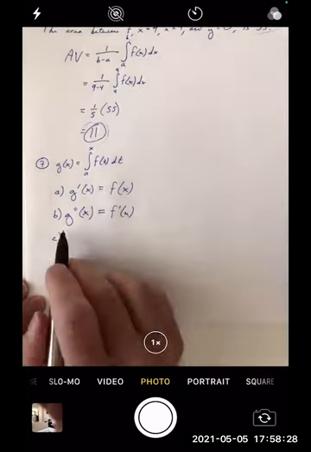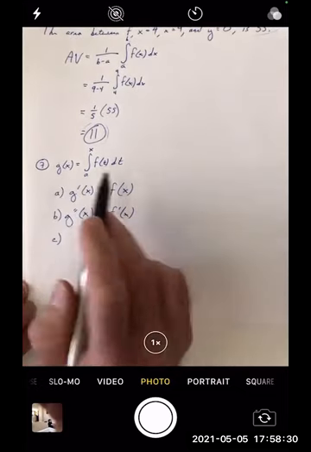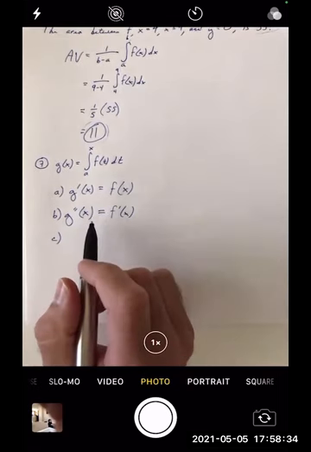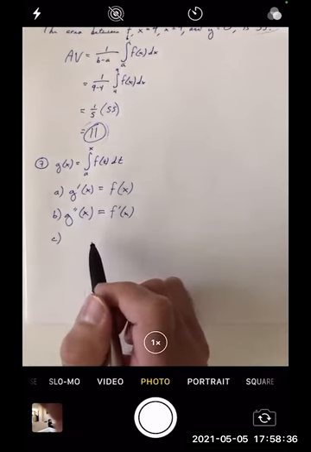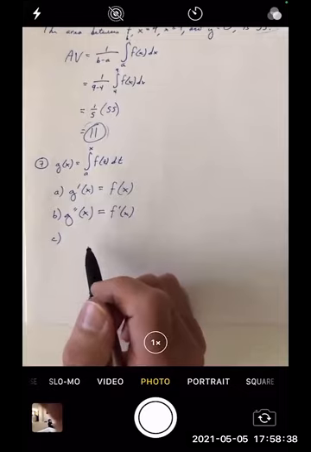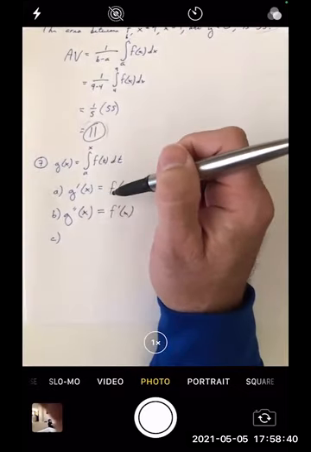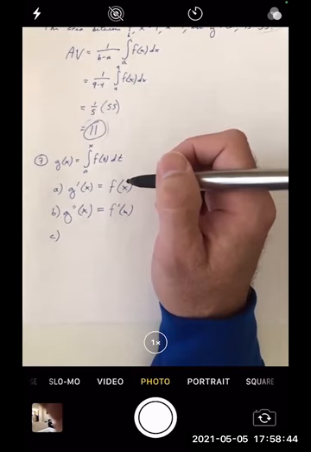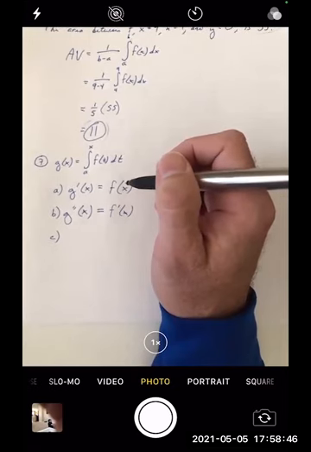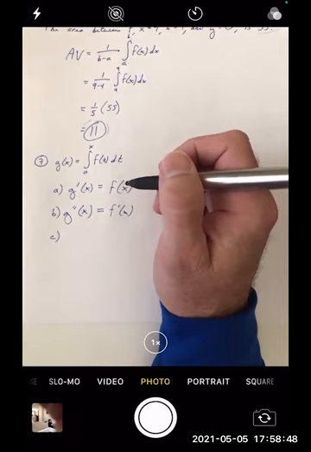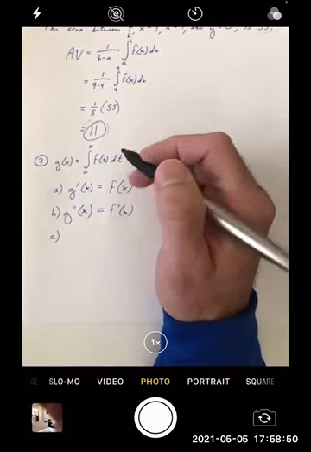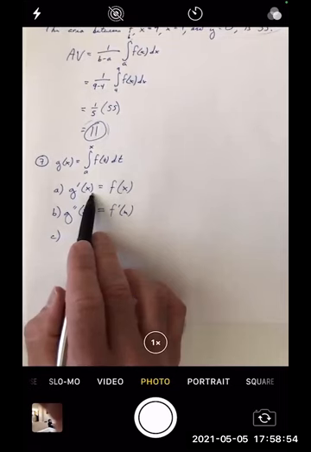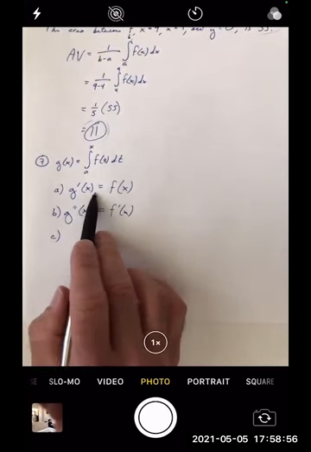Okay, so g of x, this function is going to be increasing when f of x is what? So if it's greater than 0, another way to say greater than 0 is just positive. Because a function is increasing when its derivative is greater than 0, or it's positive.